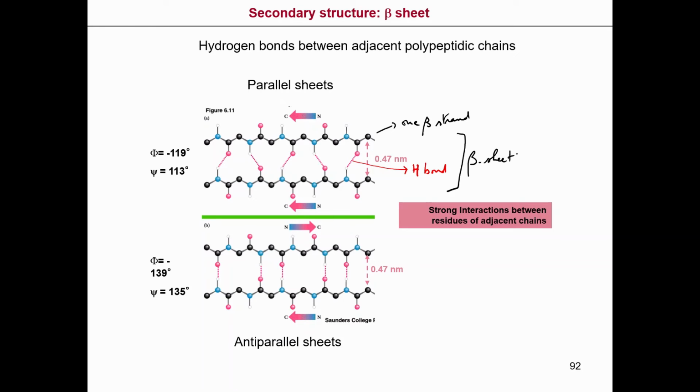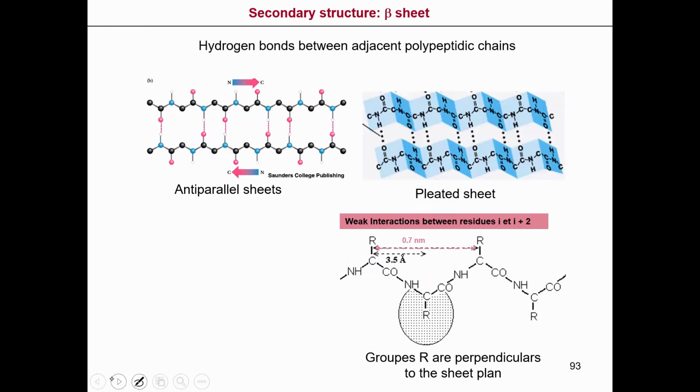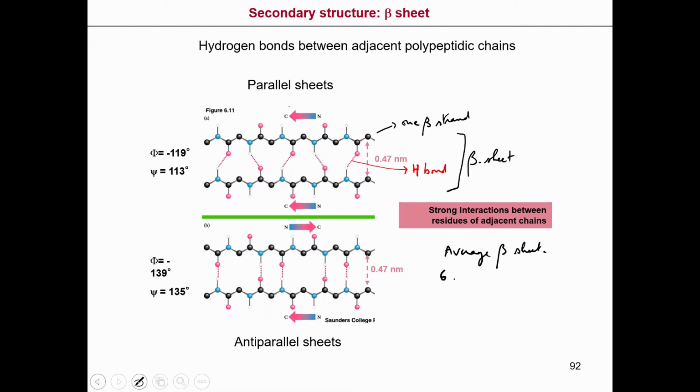Okay, so for the average beta sheet, usually you have 6 amino acids in the beta strand and 6 beta strands for one beta sheet.